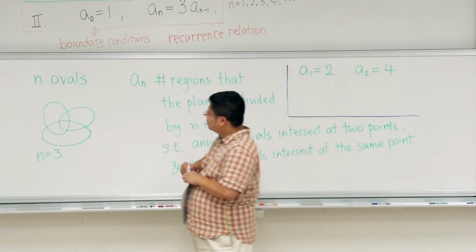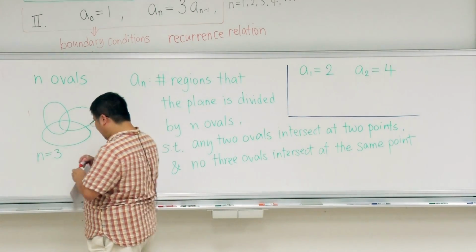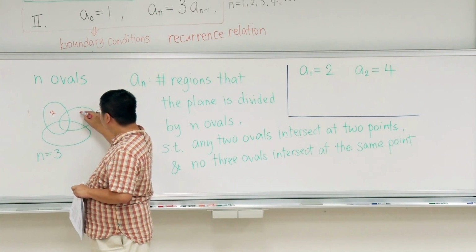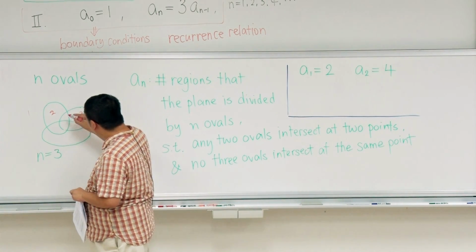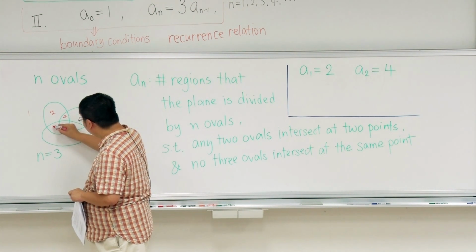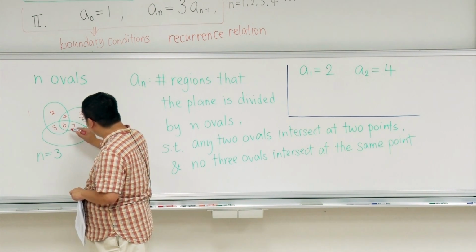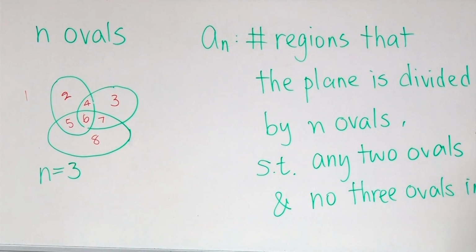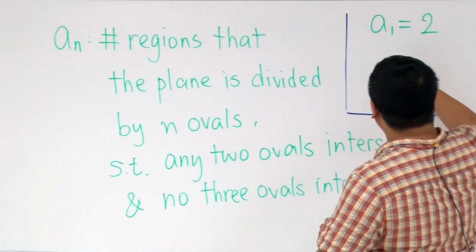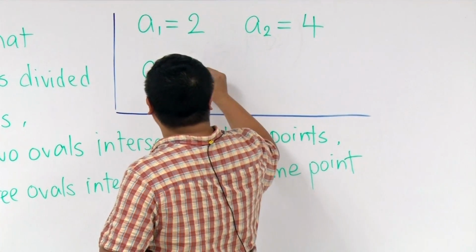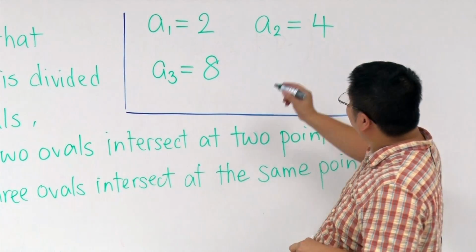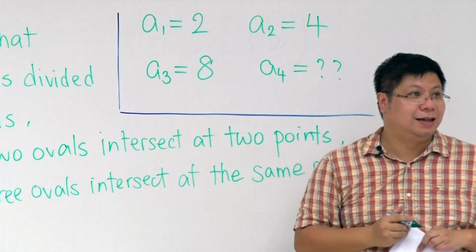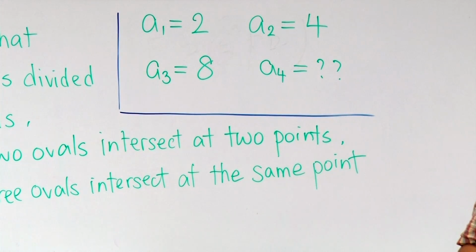Let's count: 1 outside, 2 here, 3 here, and then 4, 5, 6, 7, 8. So a_3 is equal to 8. And then what is a_4? What do you think? 16, you guess, right?